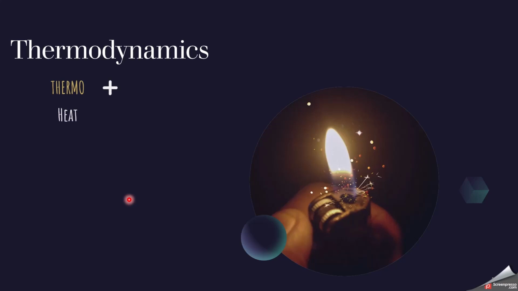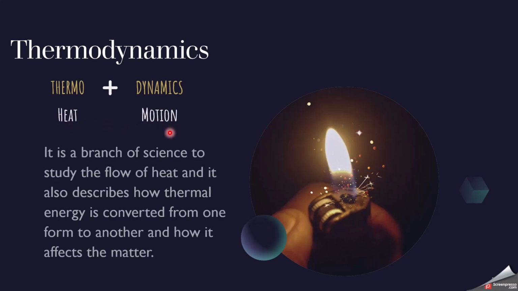Thermo means heat. Dynamics means motion. Thermodynamics is the study of motion of heat. It is a branch of science to study the flow of heat, and it also describes how thermal energy is converted from one form into another form and how it affects matter.